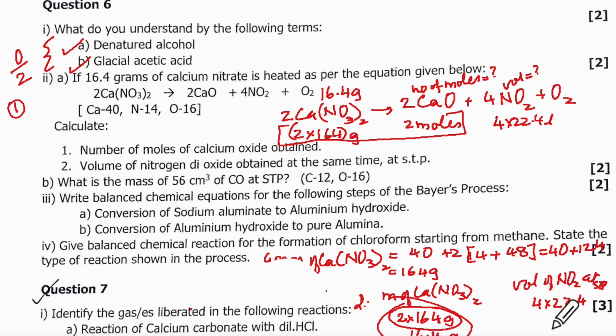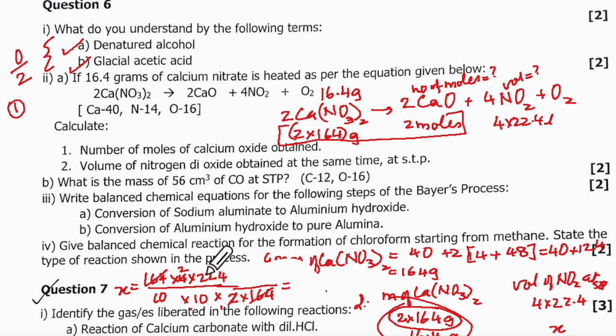So if it is 16.4, then X. And your X will be equal to numbers across we multiply. Means 16.4 means 164 upon 10, multiplied by 4 into 22.4 means 224 upon 10, and divided by 2 into 164. 164 got cancelled, 2 ones and 2 twos.